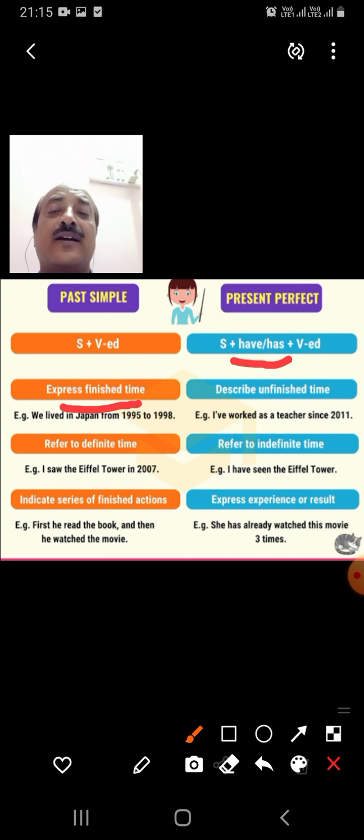But lived, we add d to the present tense to change it into past tense. I lived in Japan from 1995, just now it is 2021. So you can also say, I lived in my village when I was small, but now I live in Patna. That is present tense.